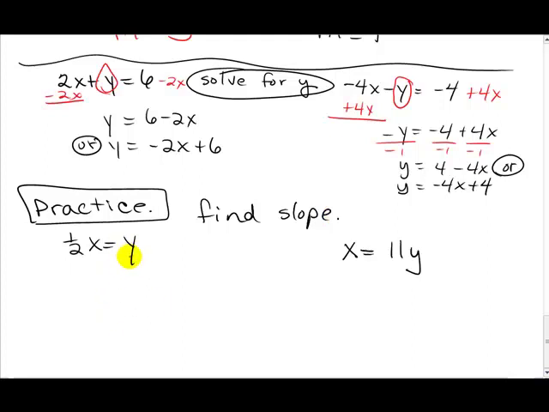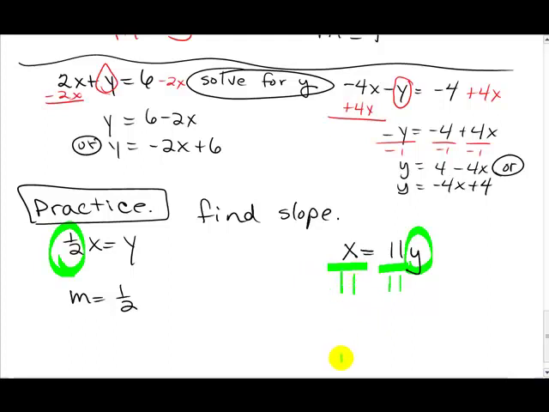Here it doesn't matter if y is on the left or the right. So my slope is just right there in front of the x. Again, it doesn't matter if the y is on the right or the left, but it does have to be by itself. So that's 11 times y. We're going to divide by 11.